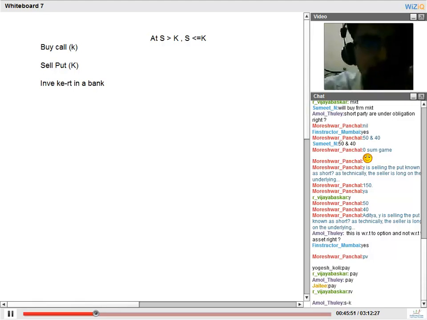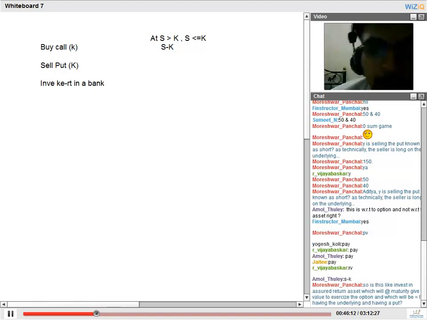What will be the payoff on the call option? S minus K, because S is greater than K, so I will buy the asset for K and I will sell it in the market at S. So my total payoff will be S minus K. On the put option that I have sold, if the spot price ends up to be greater than the strike price, what will be the value of the option?